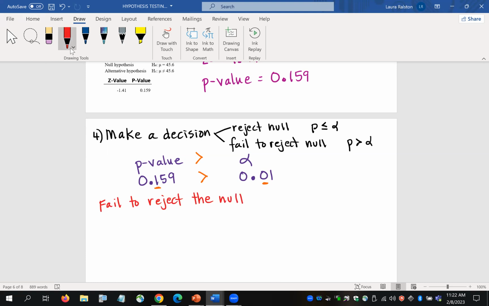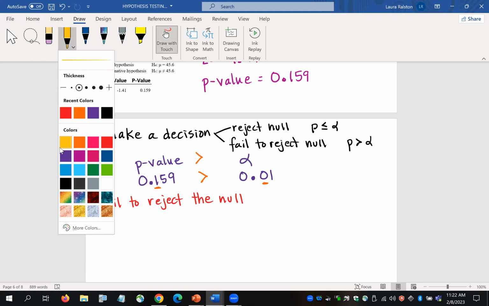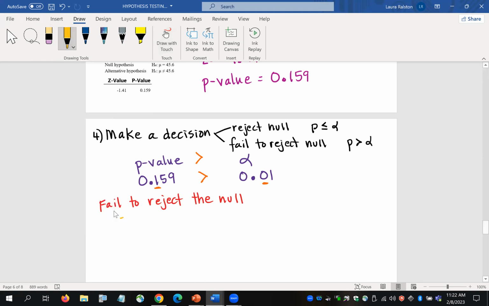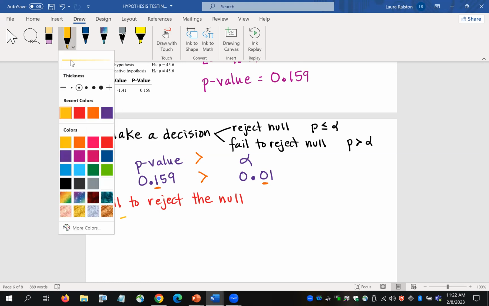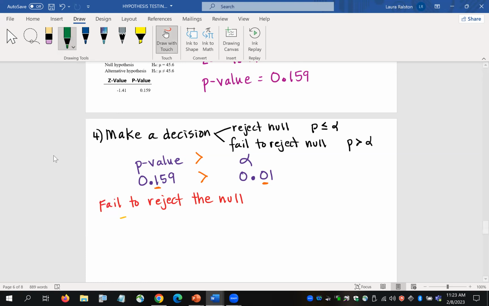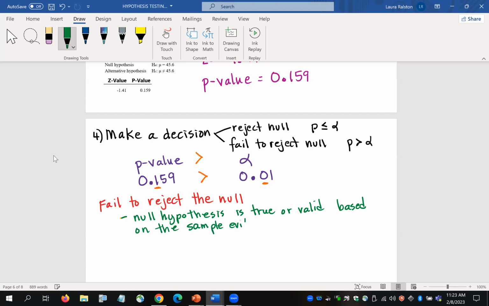And if we fail to reject the null, that means that the null hypothesis is true or valid based on the sample evidence.